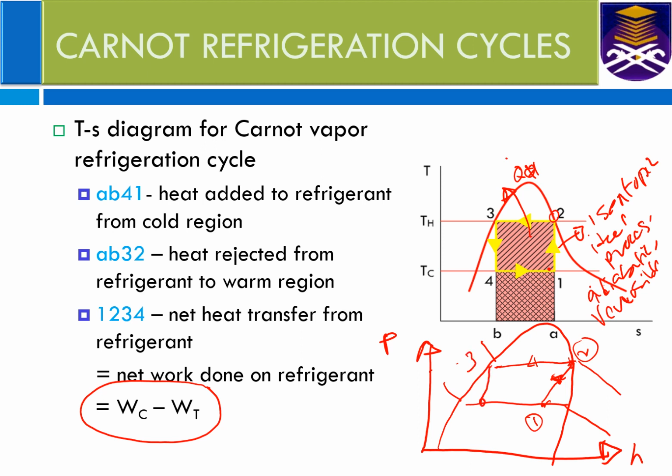Okay, so this is state 3 and this is state 4. Okay, and that is the arrow for the process. And then finally 4 to 1 is the process of heat absorption.